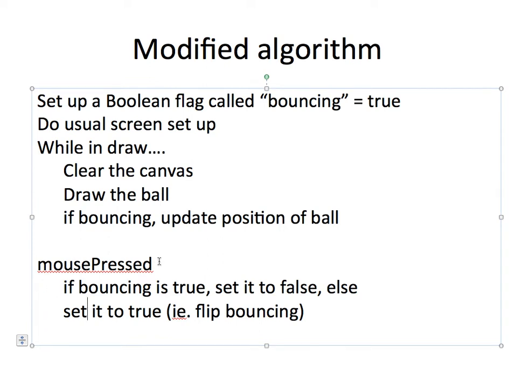So if mousePressed is activated, then we flip the state of the bouncing flag. Basically, if bouncing is currently true, then we set bouncing to false. Otherwise, we set it to true. So we flip the state of bouncing depending on what it is to start with. And that's all we need, nothing else.